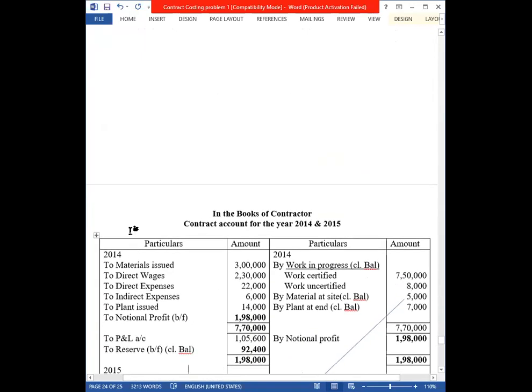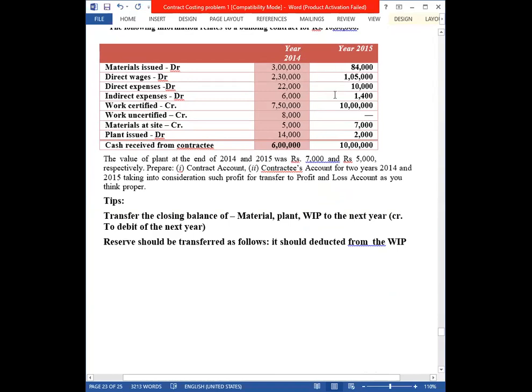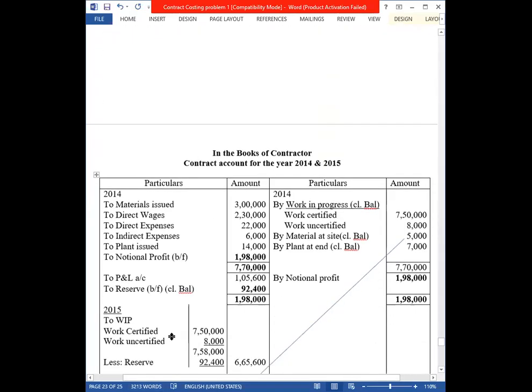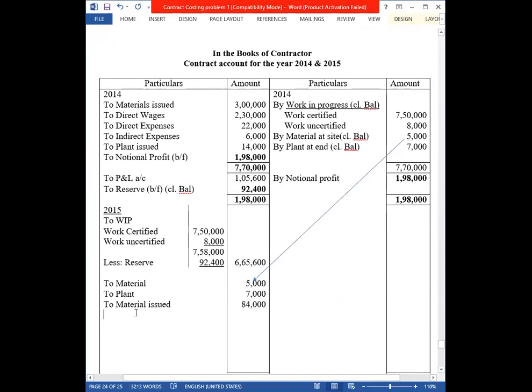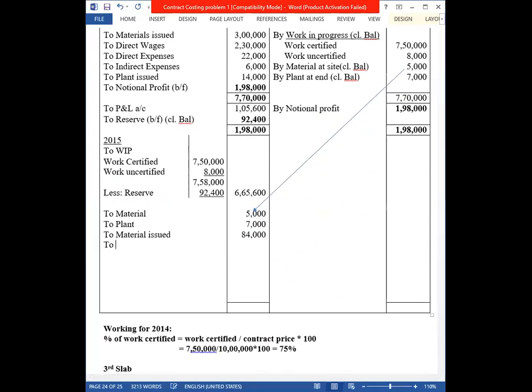Okay. Next is the direct wages, 1,05,000. Okay. So write the direct wages in the debit side. So to direct wages 1,05,000. The next is to direct expenses. So how much are the direct expenses?